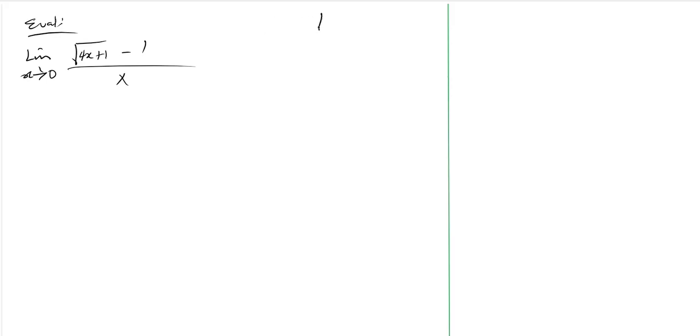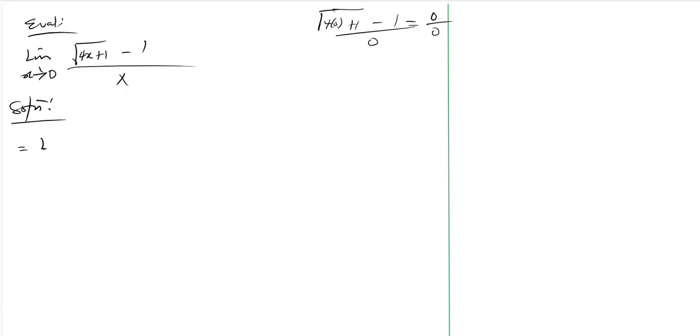If we substitute the value of x, we are going to have root 4 multiply 0 plus 1 minus 1 all over 0, and this will give us root 1 minus 1. Root 1 is 1, 1 minus 1 is 0, all over 0. So this is indeterminate.